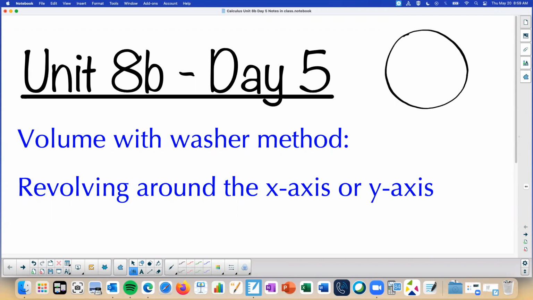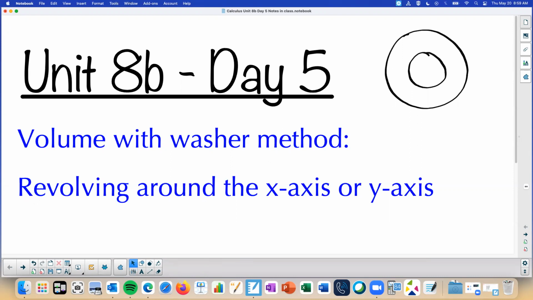The problems that we're going to do now referring to the washer method, there's usually a gap between your shape and the axis of revolution. And when you rotate your object, that creates a hollow space in the middle. And so every one of our shapes is going to essentially be made up of 2 circles.